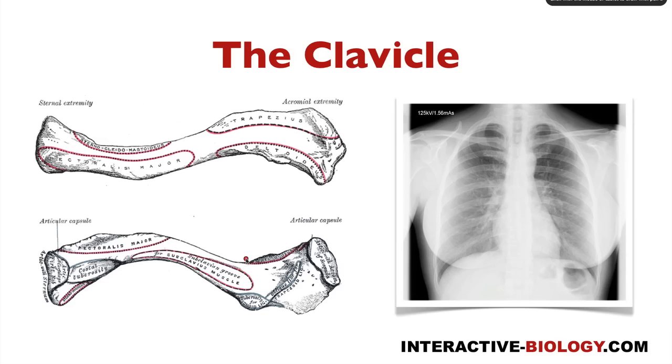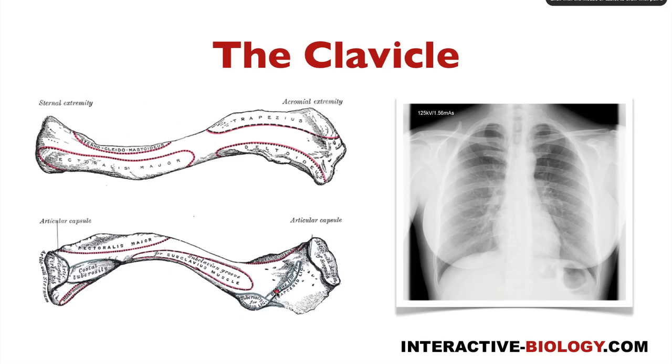Okay, so first let's deal with the distal structures, more on the acromial end. Here you can see there's a tubercle, and we're going to call this the conoid tubercle. And then here we see the trapezoid line. So the conoid tubercle and the trapezoid line are all on the inferior aspect.